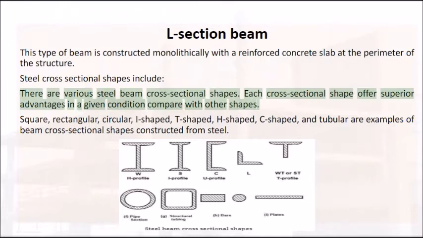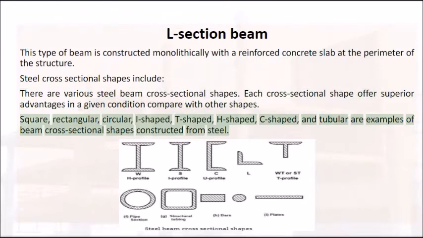Each cross-sectional shape offers superior advantages in a given condition compared with other shapes. Square, rectangular, circular, I-shaped, T-shaped, H-shaped, C-shaped, and tubular are examples of beam cross-sectional shapes constructed from steel.